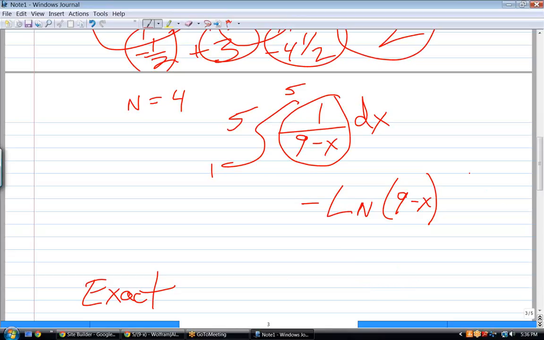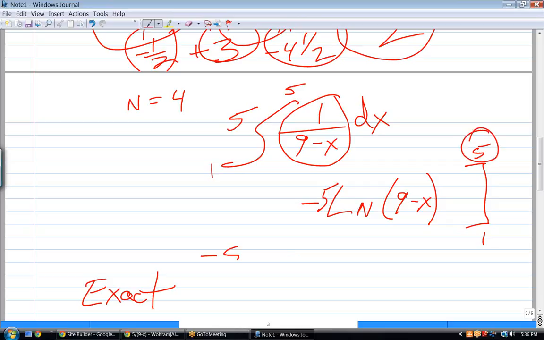Okay. And we're going to evaluate that from 1 to 5. And there's still this 5 out there, so let me put that in there. You know how to evaluate these? Are you good at this? No. Okay, you start by substituting the top number in for x.